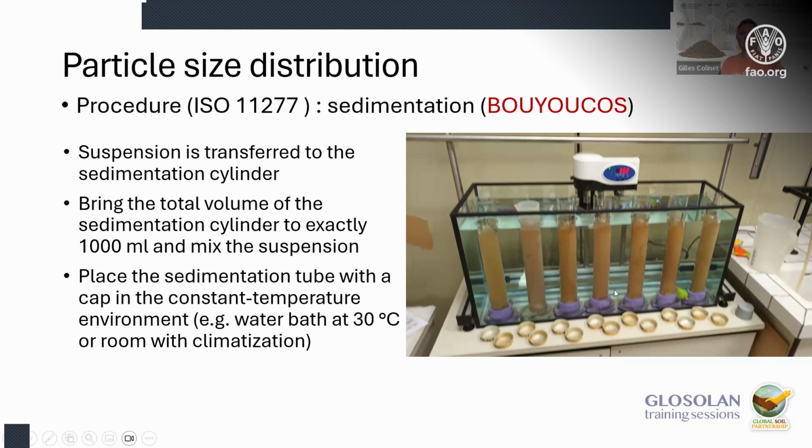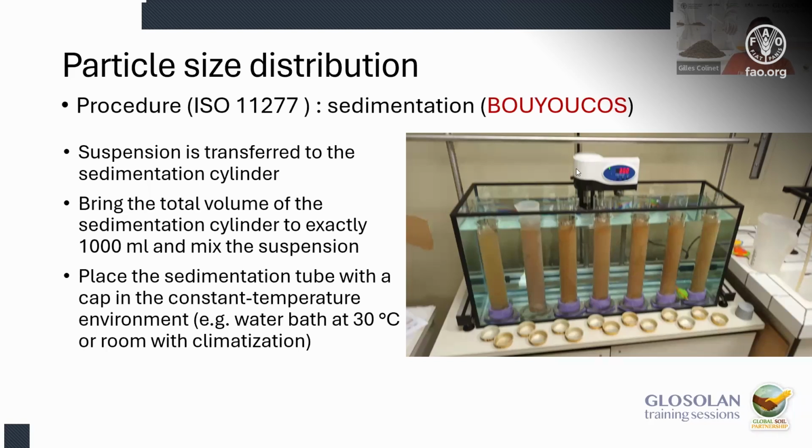The higher the temperature, the higher the speed of the particles. So by selecting the temperature and the depth of sampling, you can calculate the time needed to collect a particle according to its size.